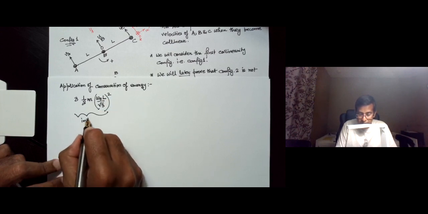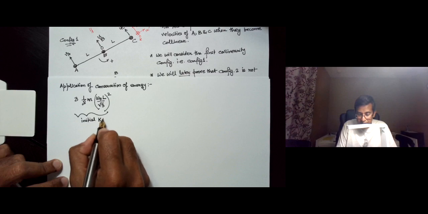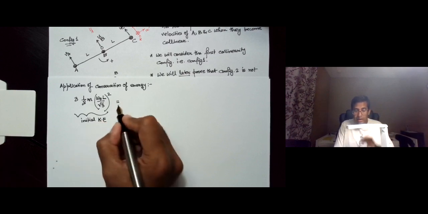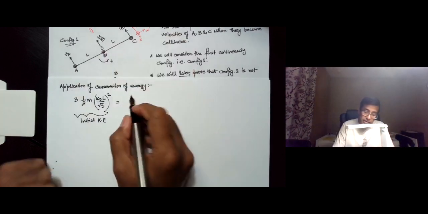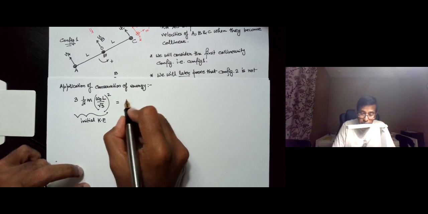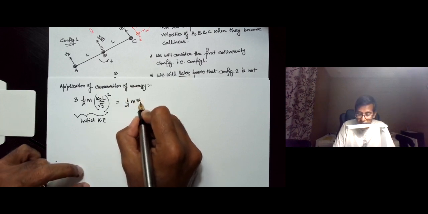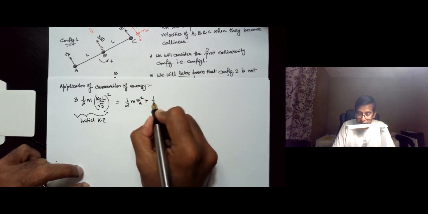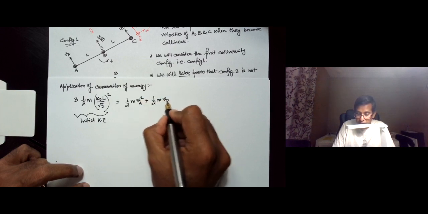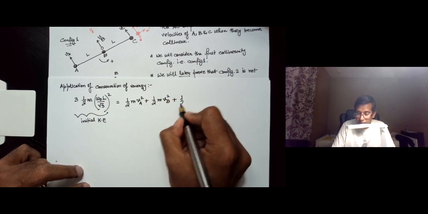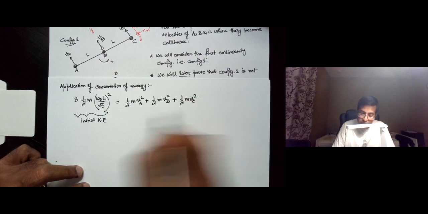And at the point of collinearity, the kinetic energy is going to be half m Va squared plus half m Vb squared plus half m Vc squared.